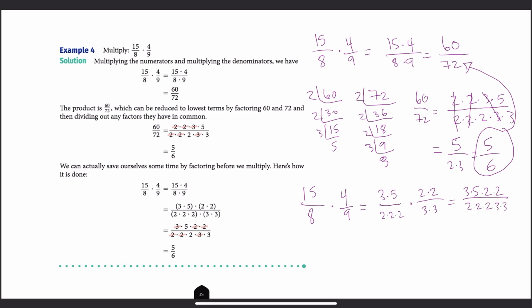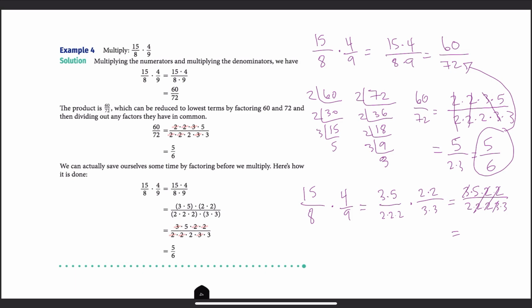So by prime factoring the smaller numbers, what I can see here is that when I go to cancel any like factors, I'm dealing with much smaller numbers. So I didn't have to do a table with my prime factors.